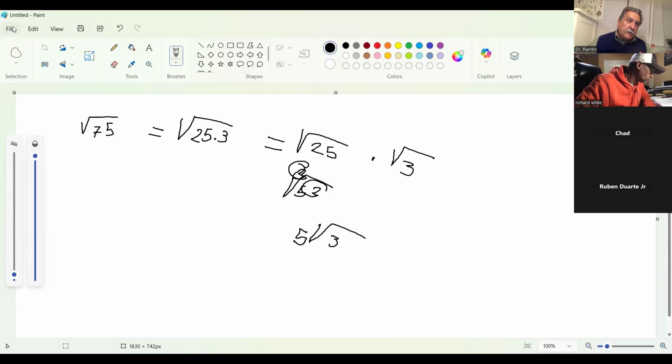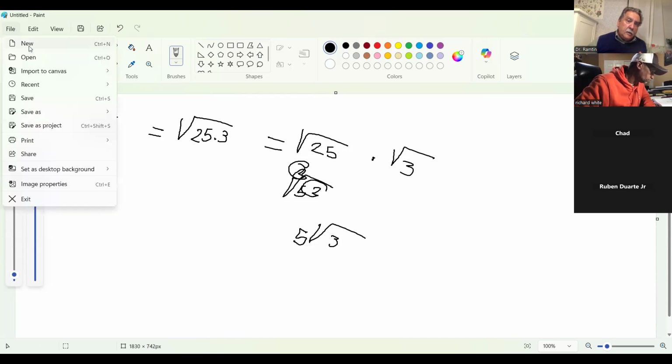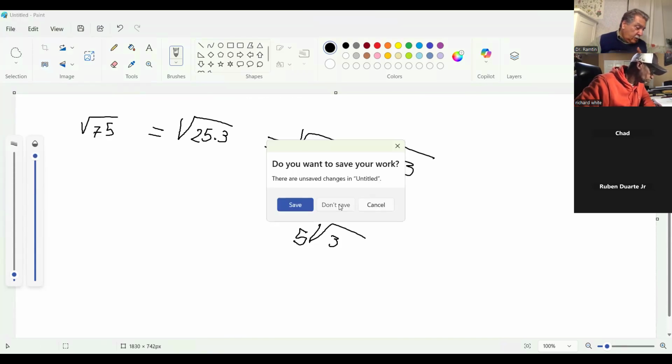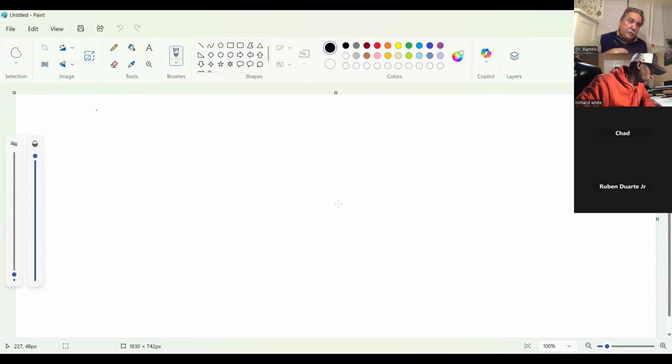Let me clean up here. All right. In example 2, page 267, it says multiply the square root of 2 times the square root of 5.